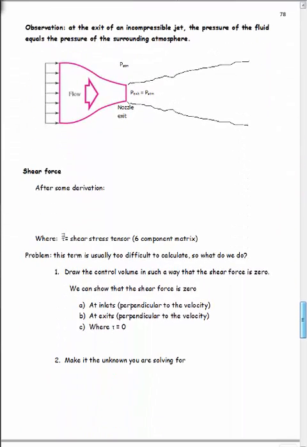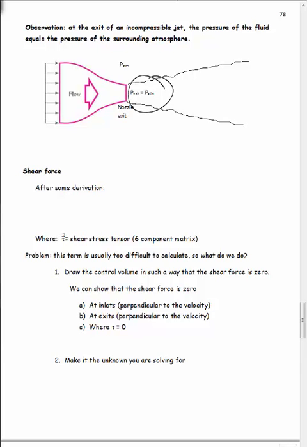Okay, something we're going to use a lot is the fact that if you have some flow that is open to the atmosphere, for instance, a flow coming out of this nozzle and into air, at that point where it comes out, it is going to become atmospheric pressure. Inside of here, it can maintain some other pressure, but outside it's going to be atmospheric. We'll use that a lot.